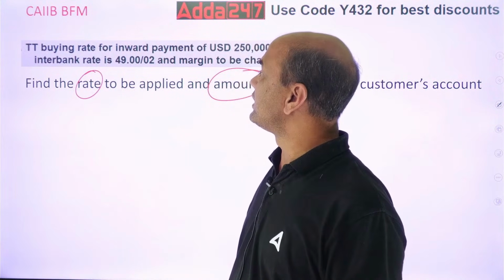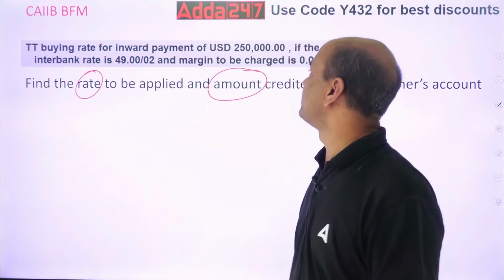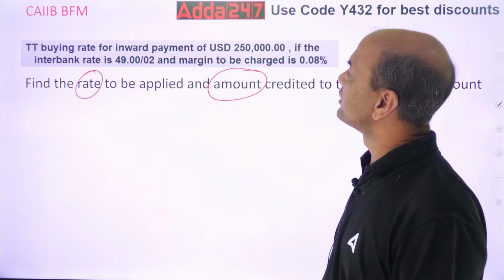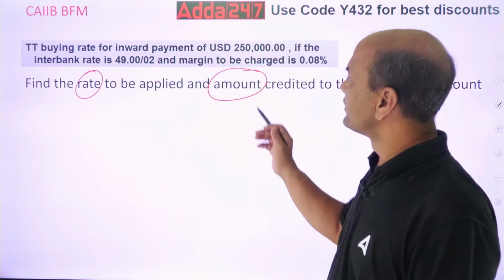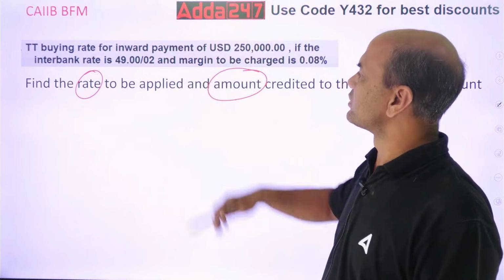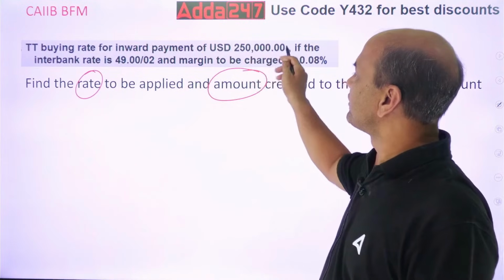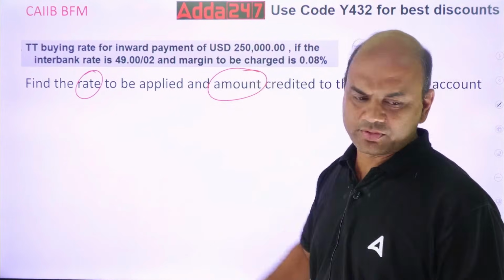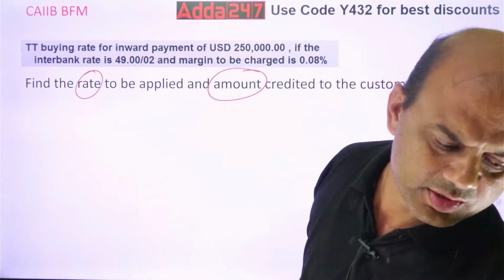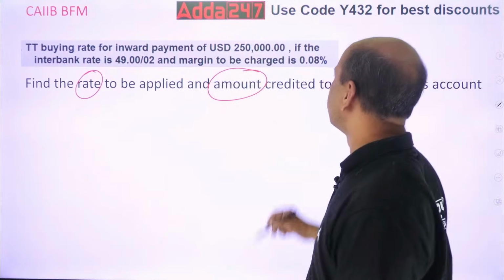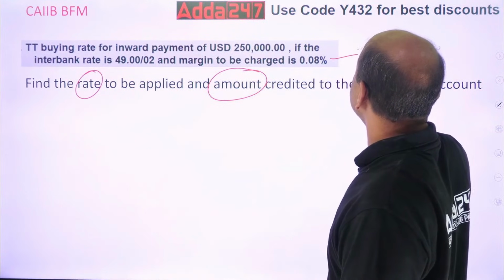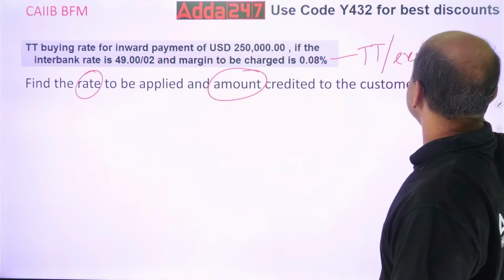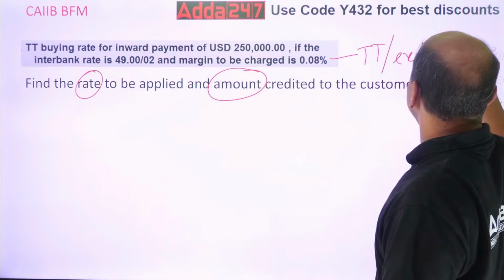What is given? TT buying rate for inward payment. Interbank rate is 49.0002. Amount is 2,50,000. Margin is 0.08. Now what margin is this? This margin means TT margin or exchange margin.